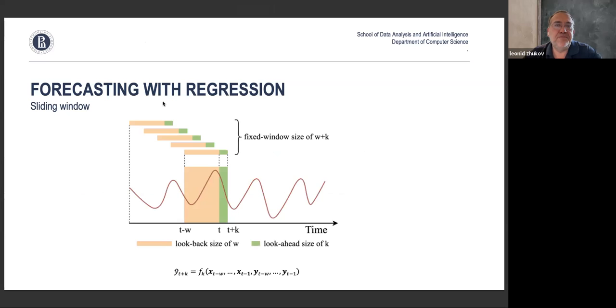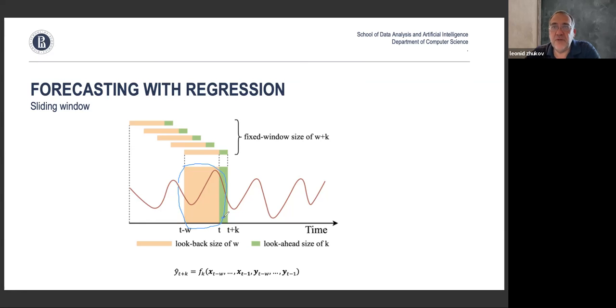And finally, it's quite often that you do not learn and train on the entire data set at once. What you do is you select a window, usually called a sliding window, where you build features within some small window here in yellow, and you predict within the green window.